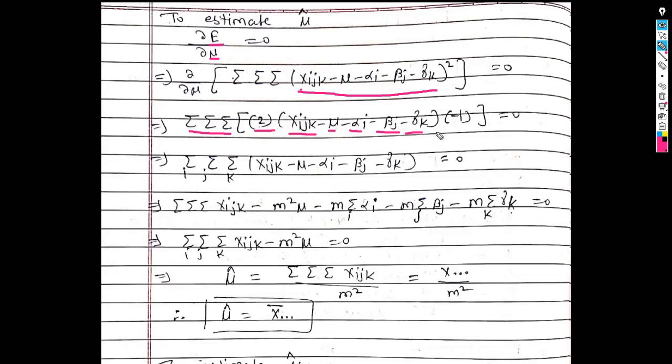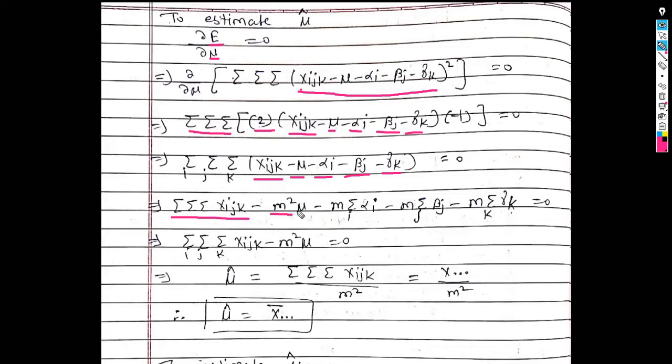Now take this 2 and this minus 1 outside the summation sign. We get the summation of xijk minus mu minus alpha i minus beta j minus gamma k, equated to 0. Now take this summation inside the bracket. We get summation xijk minus, since mu is a constant term, this triple summation gives m squared, since we have a total of m squared observations in a Latin square design.